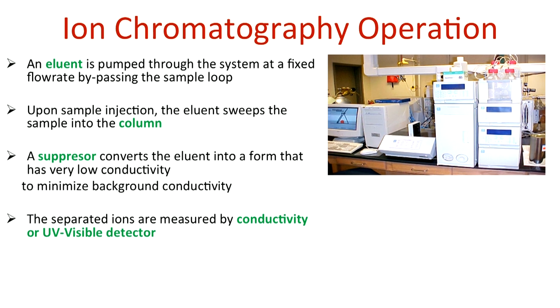And then the separated ions are measured mainly by conductivity, sometimes also by UV-Vis detector, and also you can integrate ion chromatography with mass spectrometry. So this will increase your sensitivity once again.